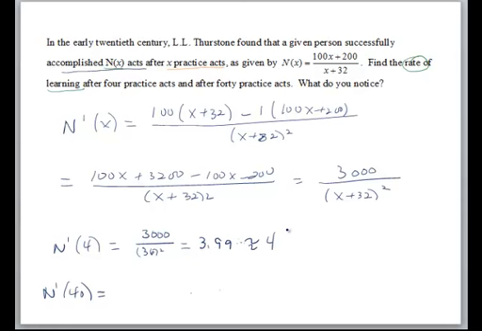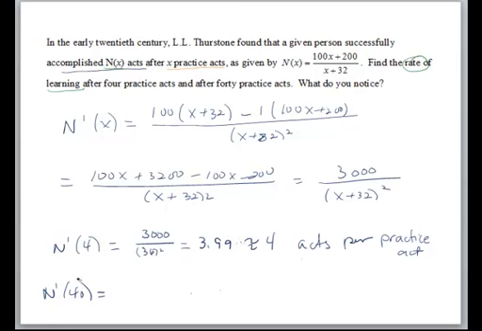Remember, this is a rate, so it's going to be n per x. So that means the rate of learning is going to be 4 acts per practice act. So after 4 practice acts, the person is learning at a rate of 4 acts per practice act.